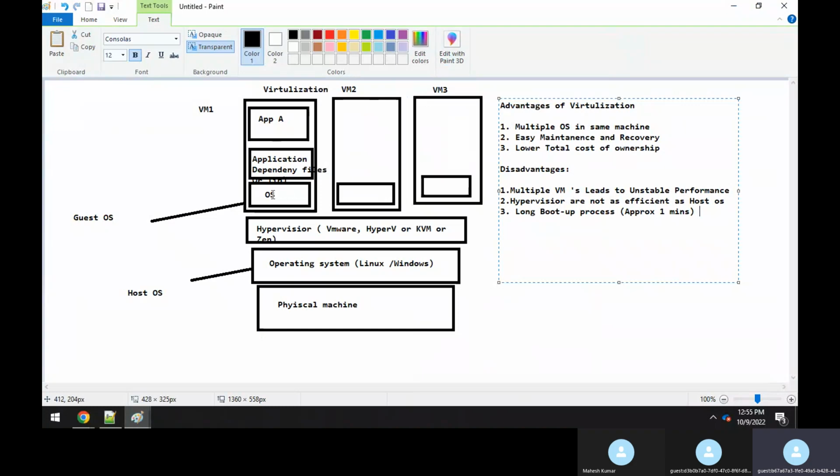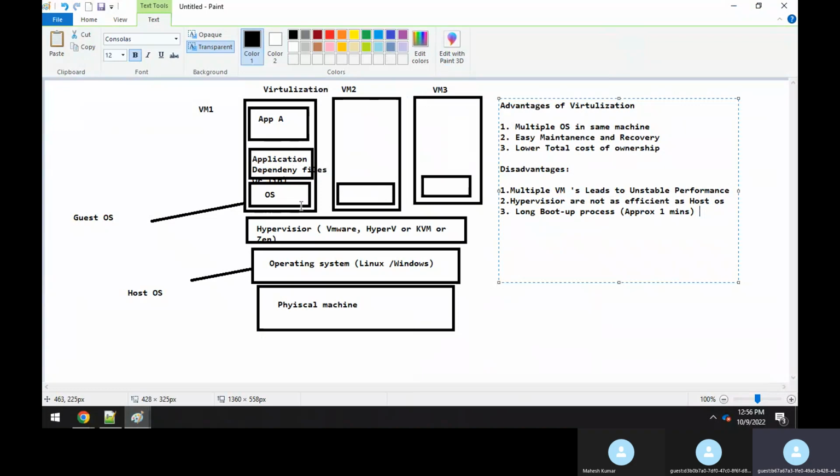You are even allocating most of the memory space for your operating system itself. Startup took a long time, and the integration of the application was also very difficult. That was also one of the challenging tasks.